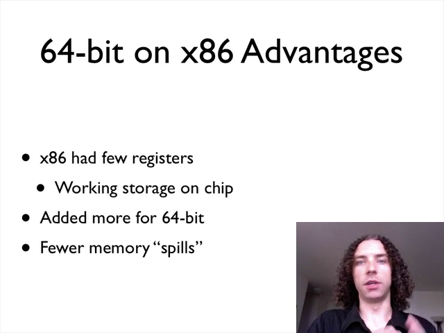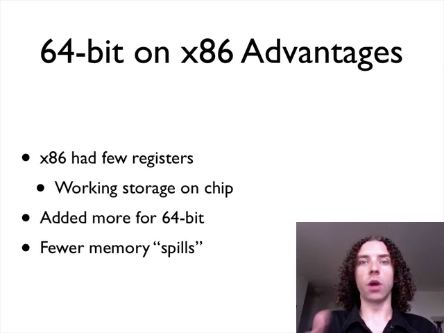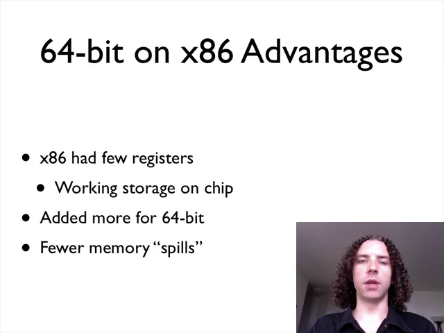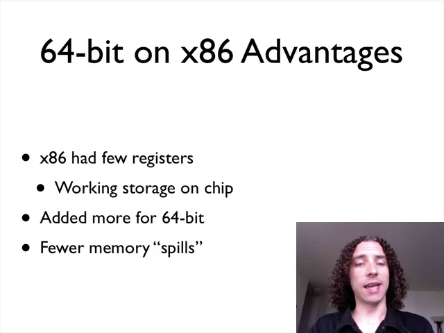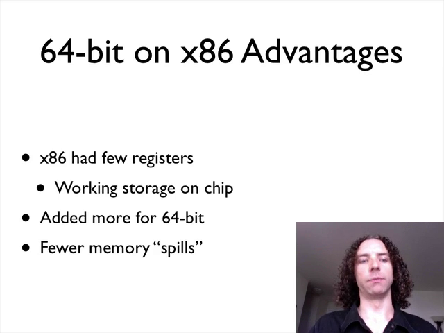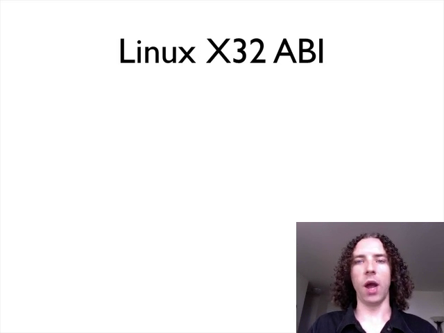Now, as the difference in speed between the CPU and memory has increased, as the number of processors and cores that are interested in what's going on with memory have increased, the cost of doing this has correspondingly increased as well. So it's kind of a downside to the x86 legacy, where they were really being punished by this because they were running out of registers, a phenomenon a lot of people refer to as register starvation.